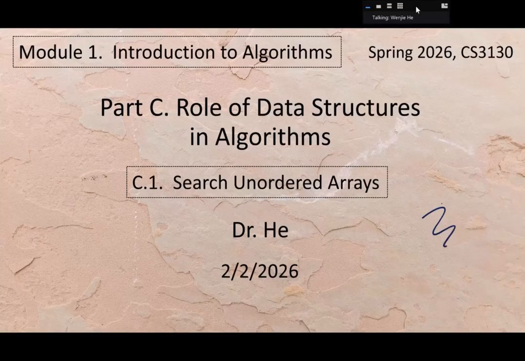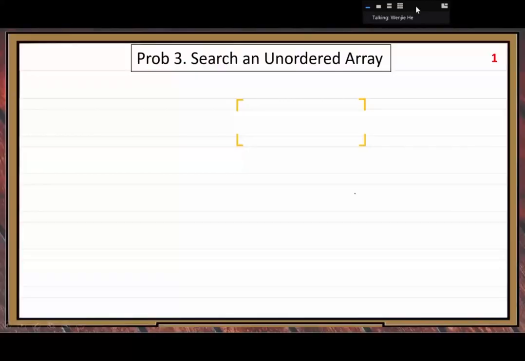C.1, search unordered arrays. First, let me give you the question. Our problem number 3 for this class. Search an unordered array. It's a very simple question, but we need to learn some basic concepts.